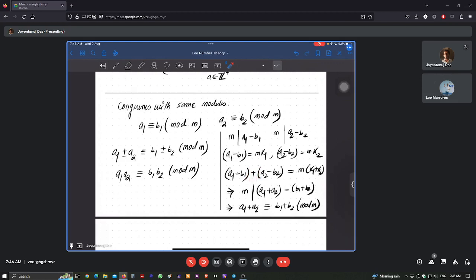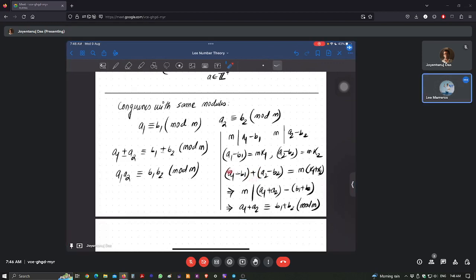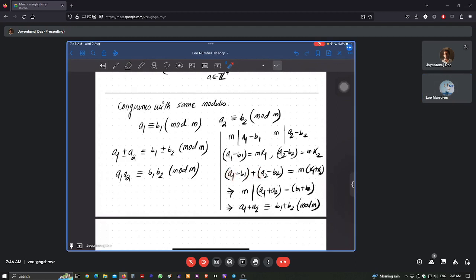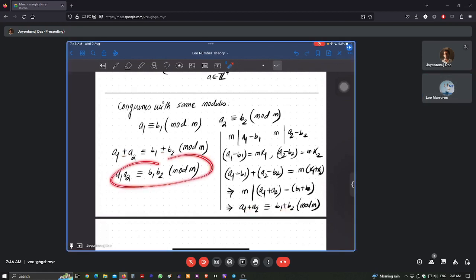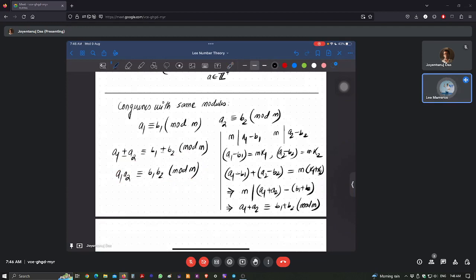Then it will become A1 minus A2 minus (B1 minus B2), so you will get the subtraction result. So what about the product? How will it work? I mean, we can do the same, the product.